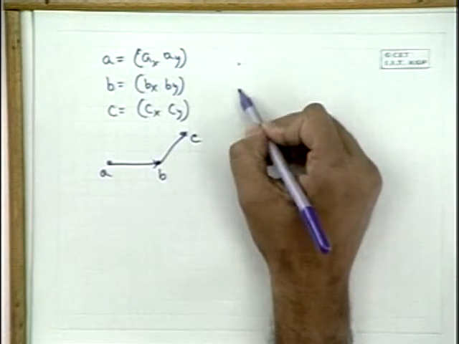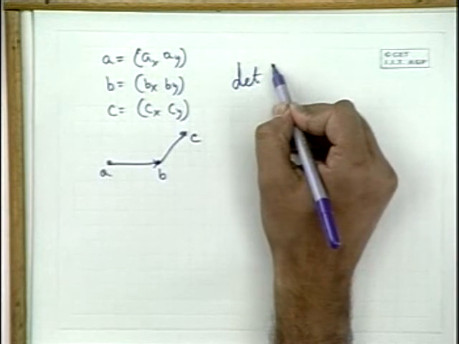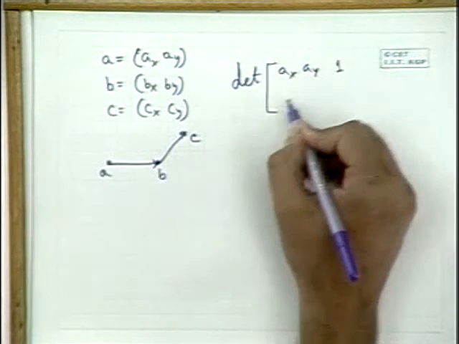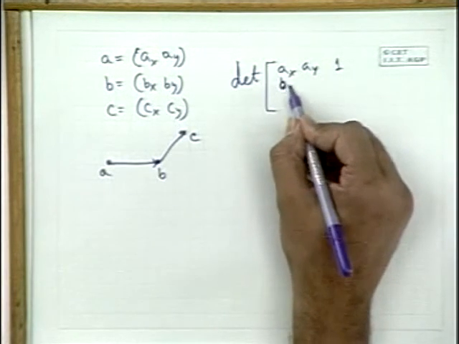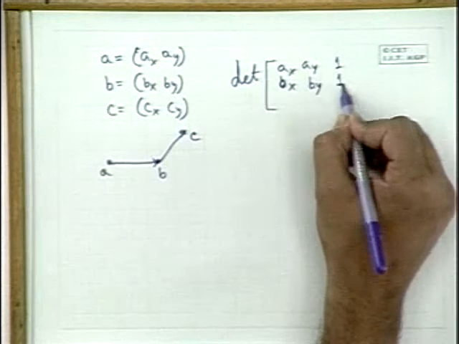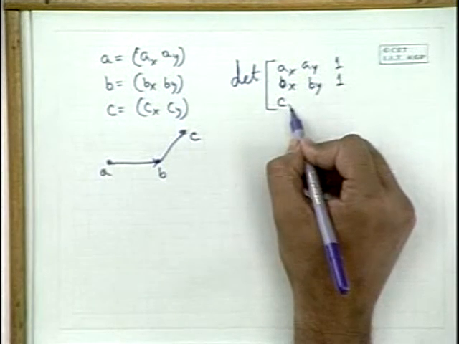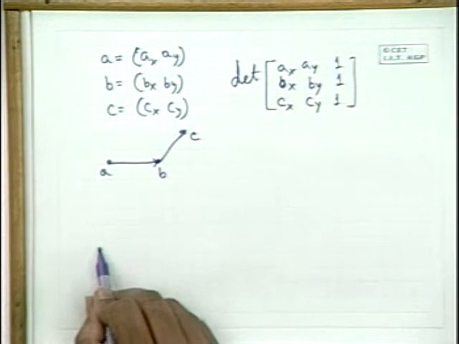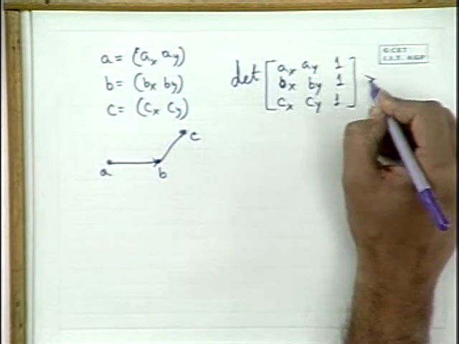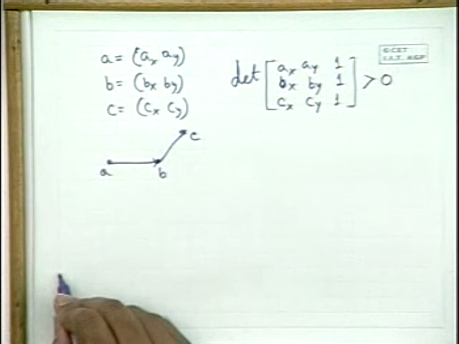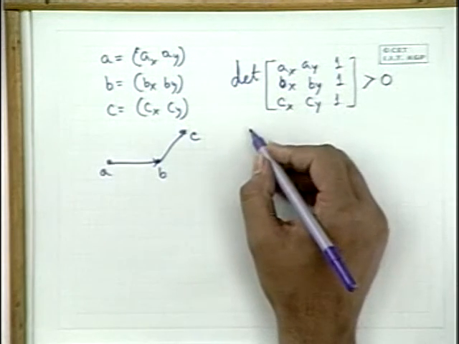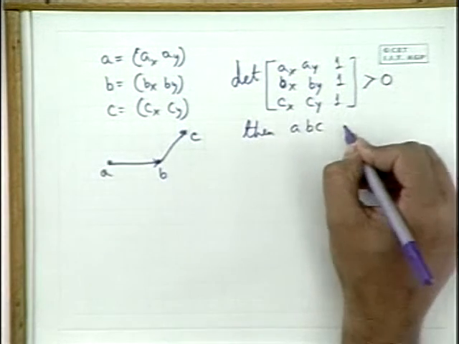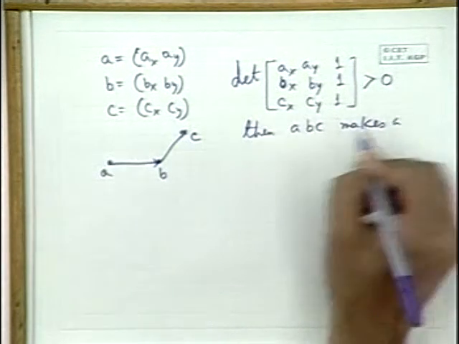If you compute this determinant with rows ax, ay, 1; bx, by, 1; cx, cy, 1, and this determinant is greater than 0, then ABC makes a left turn.